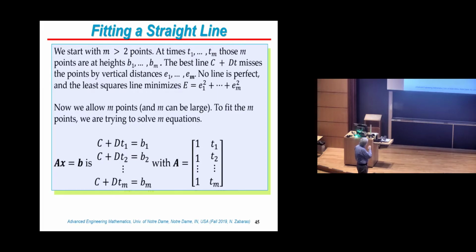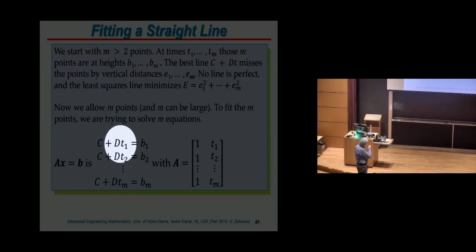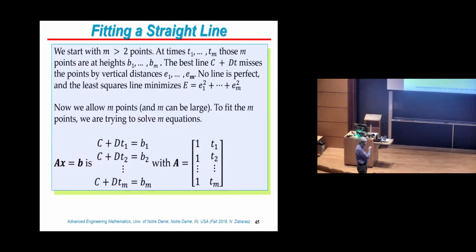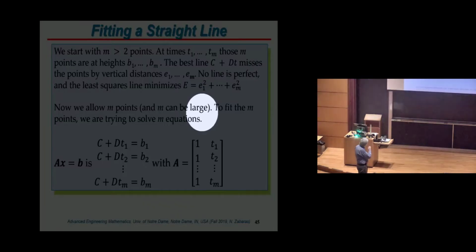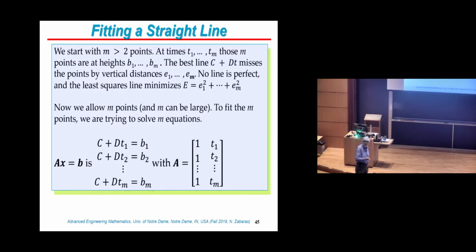You will minimize the square error of (C plus D t1 minus b1) squared plus (C plus D t2 minus b2) squared, etc. And then you will take derivatives to minimize that. You will take derivatives with respect to C and D, set them equal to 0, and that will give you a linear system of equations. Yes?